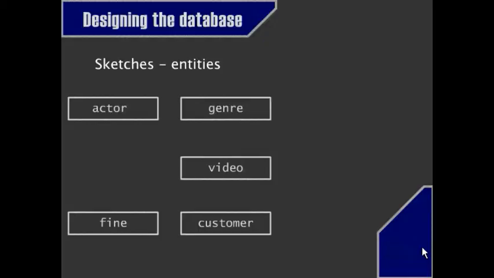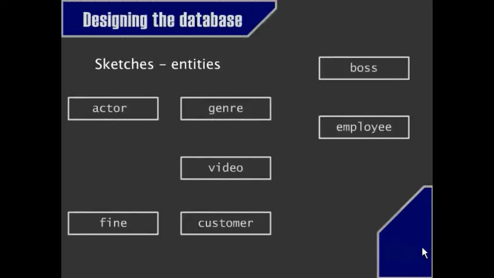Another possible entity is the fine that the customer has to pay. That could be an important one. And we also have the employee entity and perhaps the boss entity. Now, all of these are simply ideas that I've sketched down.